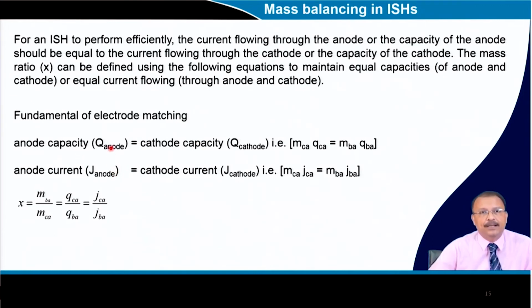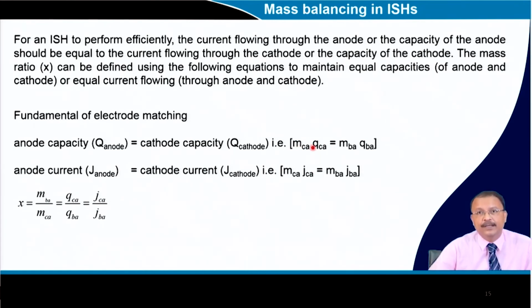You see, the anode capacity will be equal to the cathode capacity. So, if you have a specific capacity QCA for the cathode, then the mass that you are using will give you the total charge. Usually this is in milliampere hour per gram, and the active material you are using is in gram.